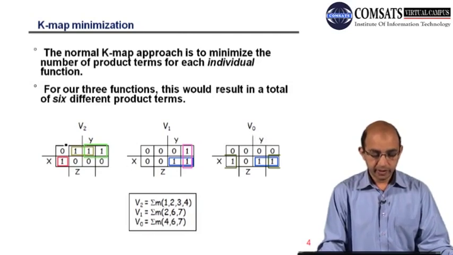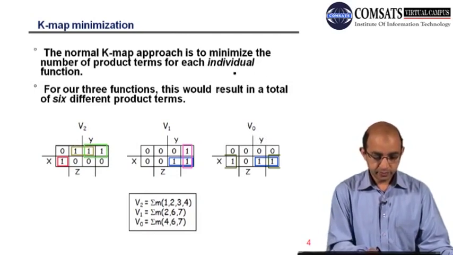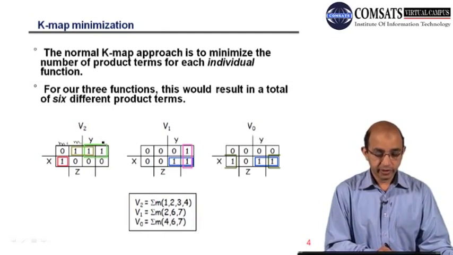Here we have taken YZ. Let me mark the minterms: M0, M1, and here we have a jump, M2, M3. Then I will write here M4, M5, M6, and this is M7.